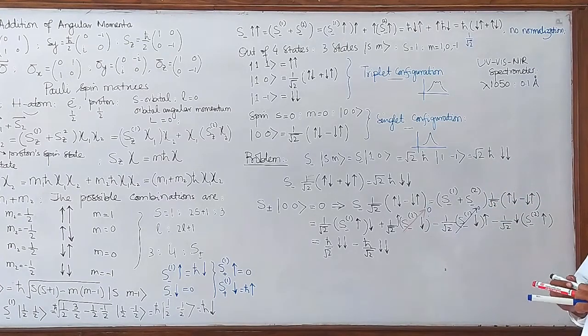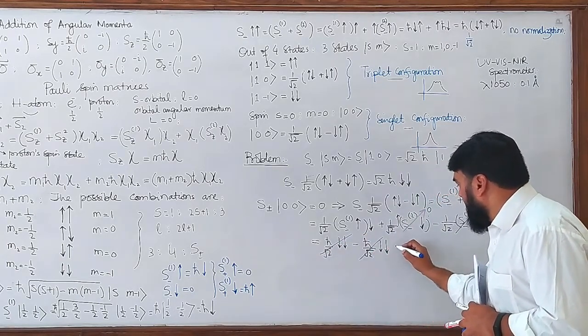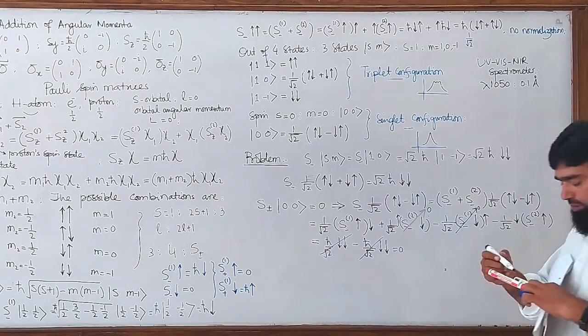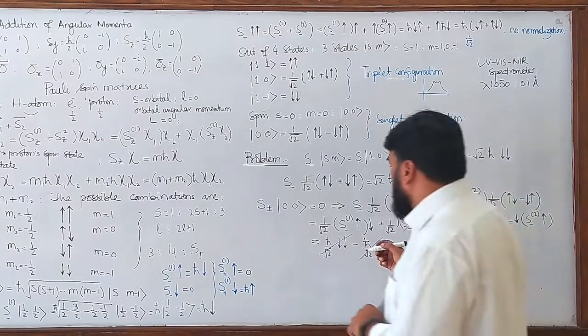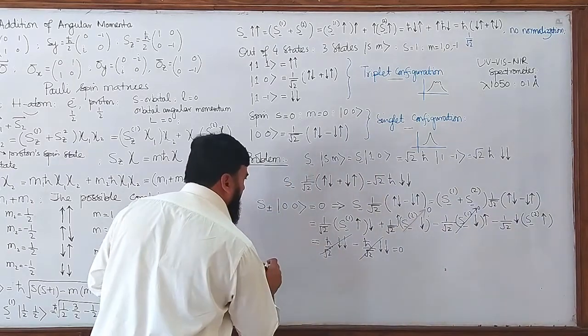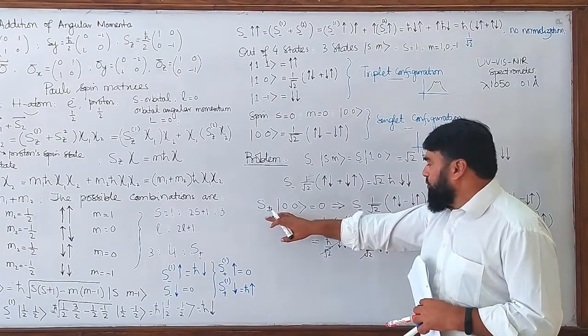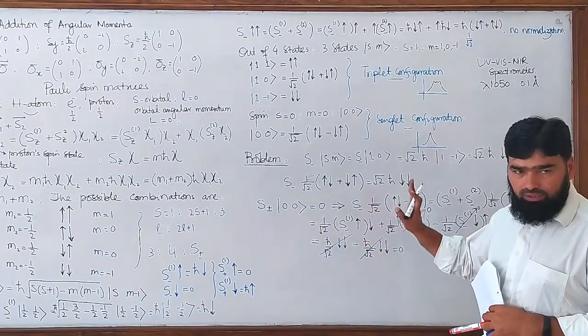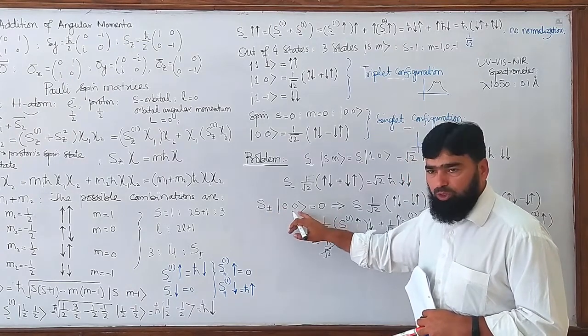And what's the result? 0. This and this are cancelling and you got 0. Clear? Yes. So what you did, you proved S minus on 0, 0.